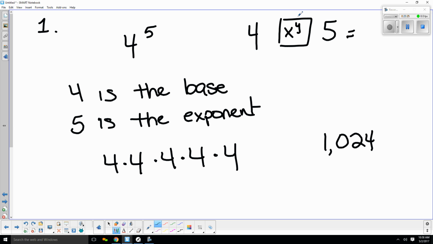So when you hit that button, the next number you're going to hit is your exponent, and that was our 5. Then when you hit enter or equals on your calculator, it'll give you your answer. Okay? Just try it again. Hit 4, then XY, and then 5, and then enter.